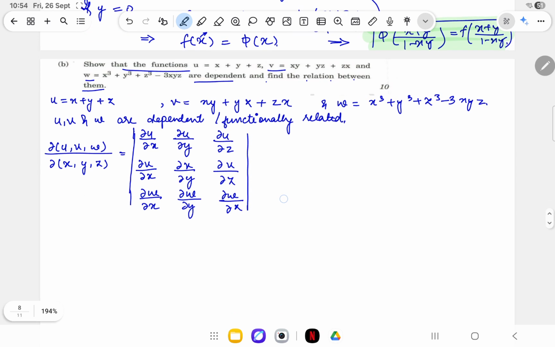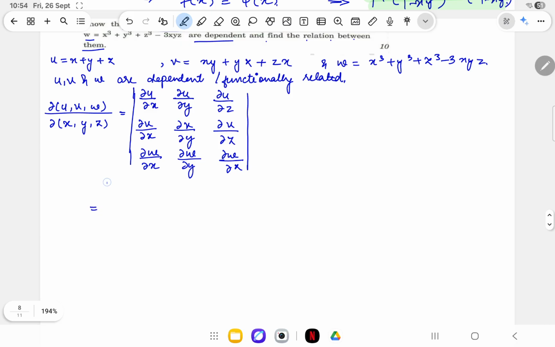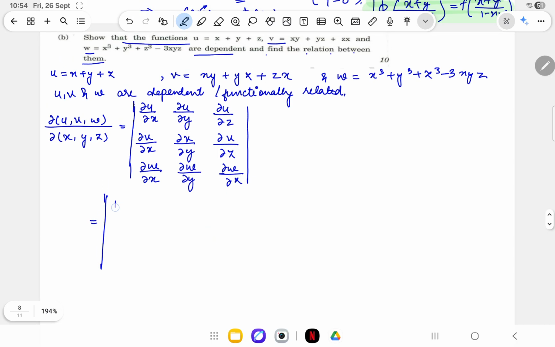So let's just find out what it will be. If we just calculate del u by del x, it will be 1 only. Likewise del u by del y will be 1, and del u by del z will also be 1. And del v by del x will be, if you take partial derivative of v with respect to x, y plus z.